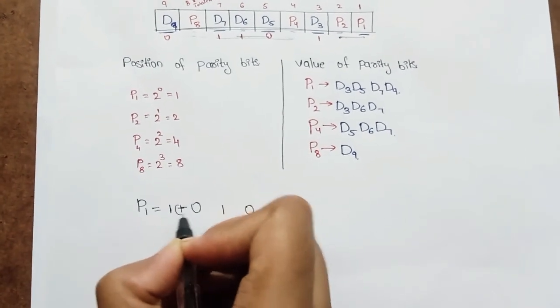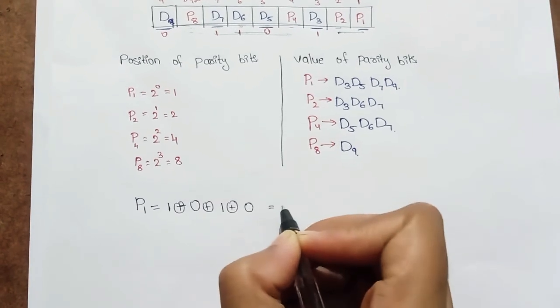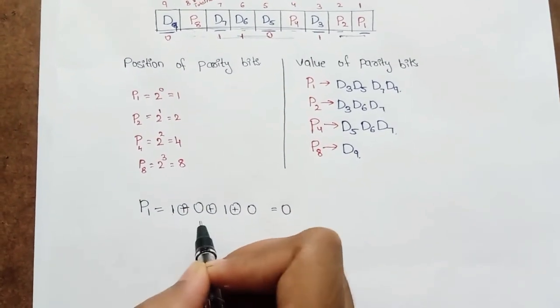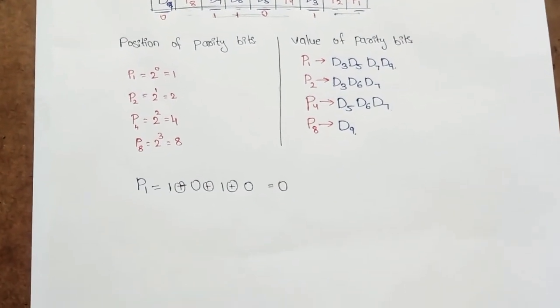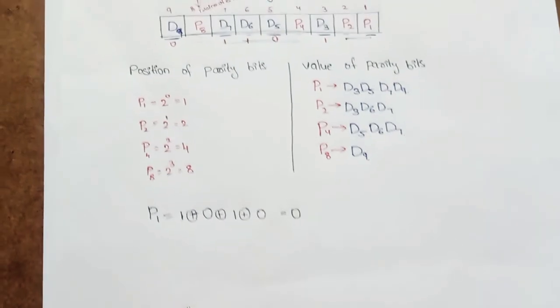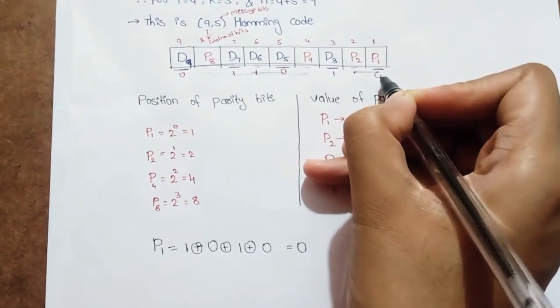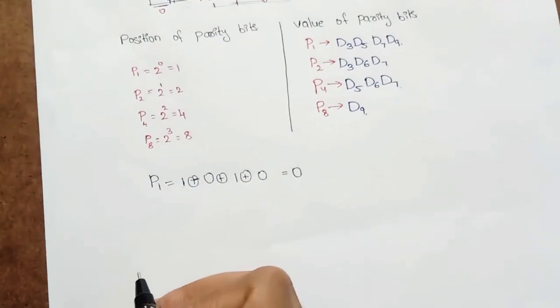By XORing all these, what will we get? 0, because there are two ones. 1 XOR 1 is 0. So write it over here. What is the value of P1? 0.